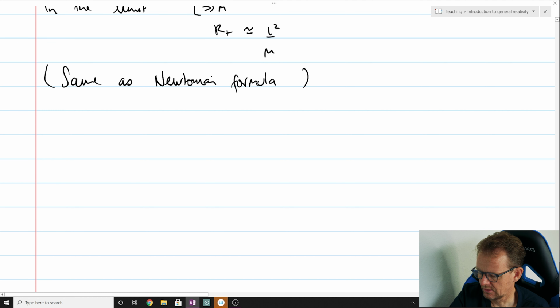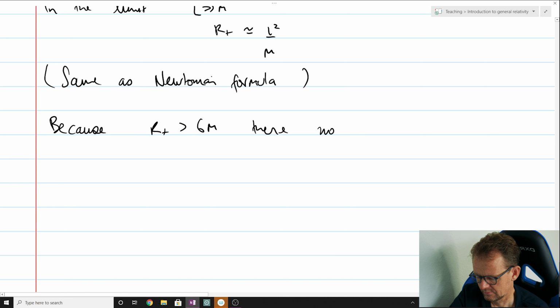Now it's important to note that because r plus is greater than 6m, there are actually no stable circular orbits.